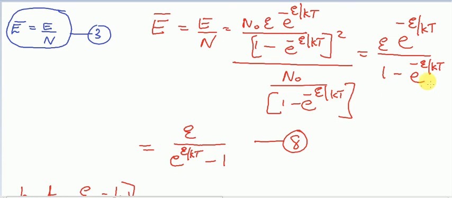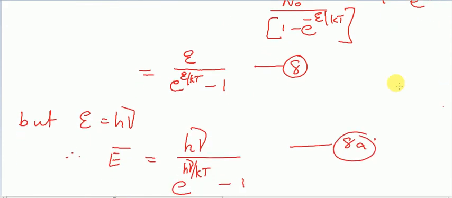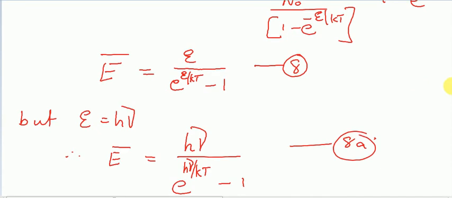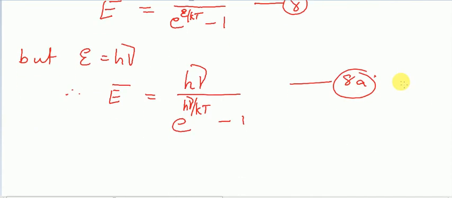Simplifying that, we get the expression E bar equal to ε by (exponential ε by kT minus 1). But we know that the energy ε is equal to hν. Substituting that, we get the average energy of one harmonic oscillator in a black body is E bar equal to hν divided by e to the power hν divided by kT minus 1.